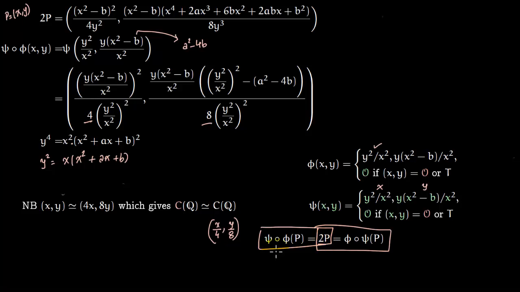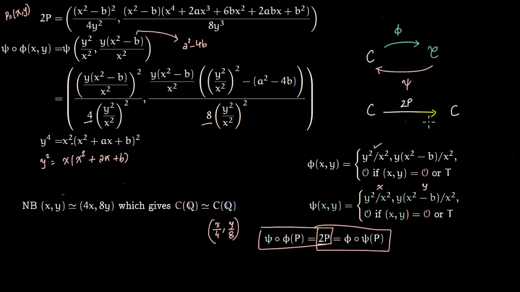So what have we done? We have constructed two isogenies going from one curve to another. From the white curve you go to the green curve using this map phi, then you apply map psi, you come back to the white curve, and by applying phi and then psi you land back in the curve C. This is equivalent to a map going from C to C and doubling the point.